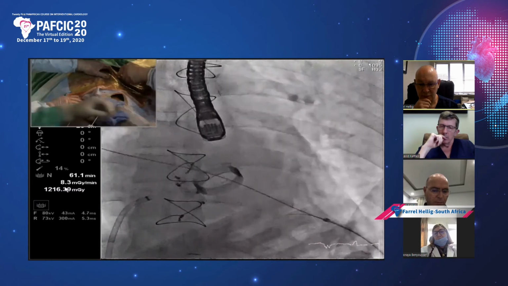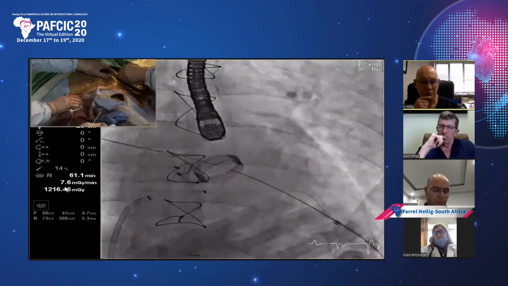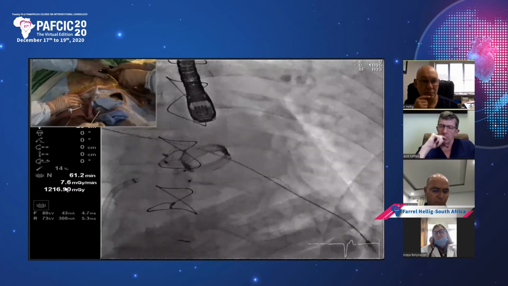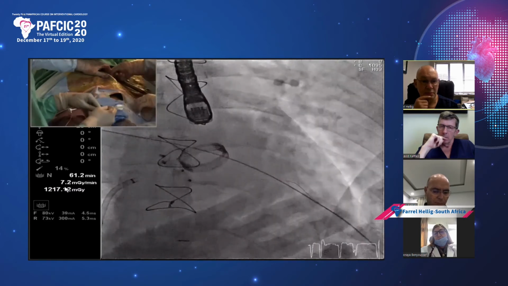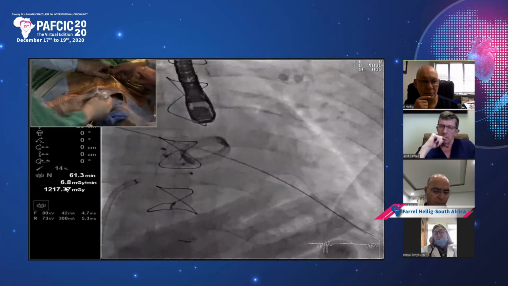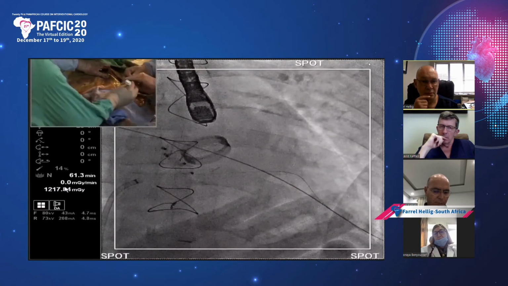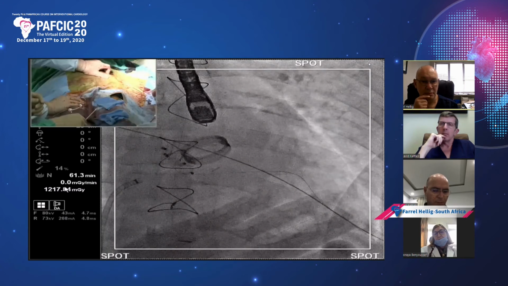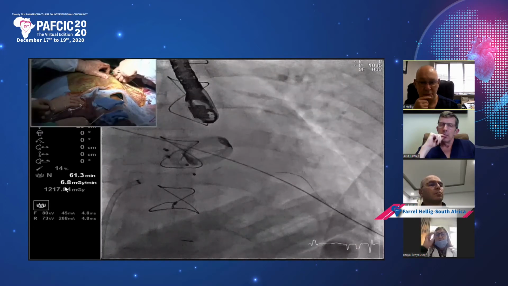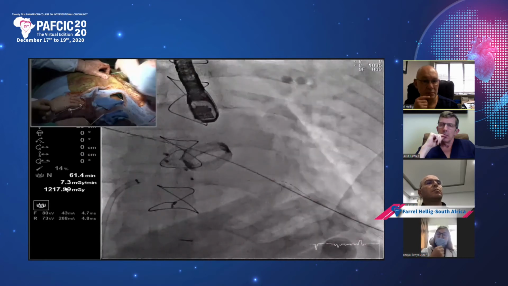Screen. Okay. Can we have the lights on? Lights, please. Six French or 8 French? 6 French.